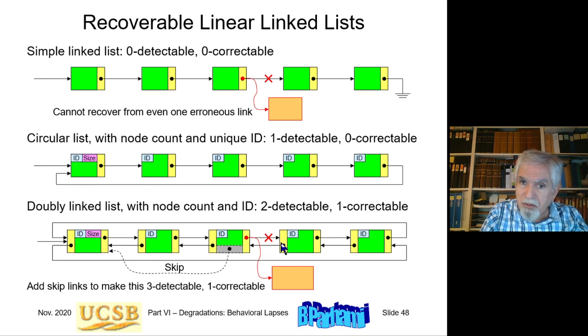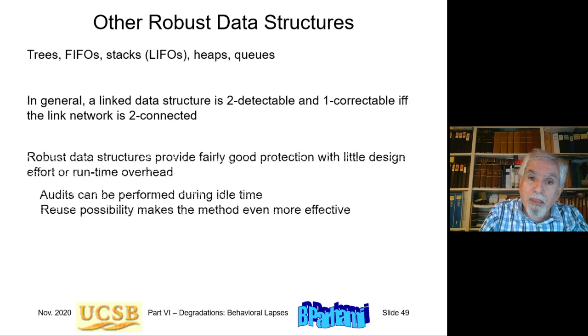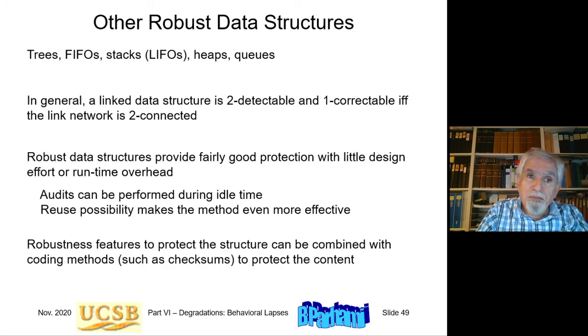So going from this node, let's say the middle one, to this last one, this is one path, and this is another path. So the link network is two connected, therefore by that general result, that data structure is two detectable and one correctable.